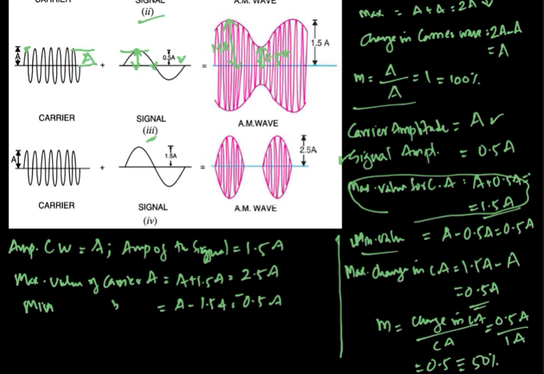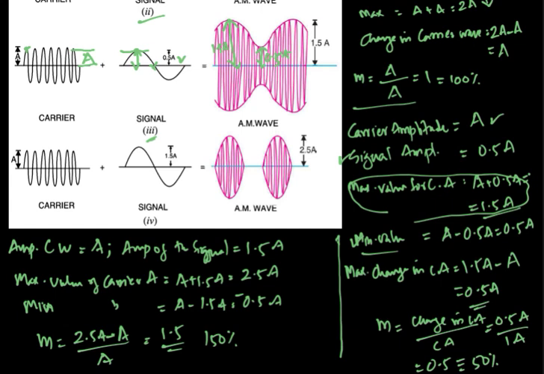So now the modulation index is equal to the change in the amplitude of the carrier wave, 2.5 A minus A, divided by the amplitude of the carrier wave, A, which is equal to 1.5 divided by 1, which is equal to 150%.